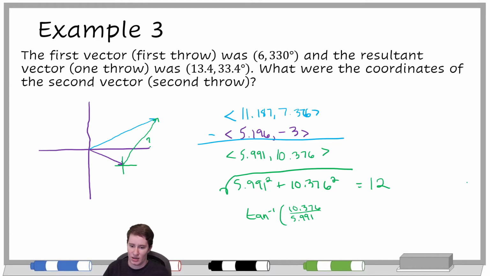And I get 60 degrees. So this time we don't have units. I think I just forgot to put units. So we get 12 unknown units, comma, 60 degrees.